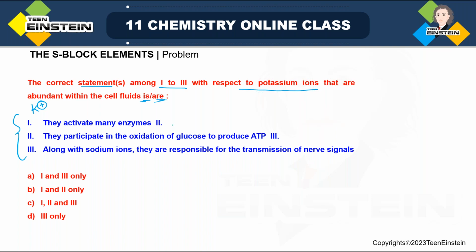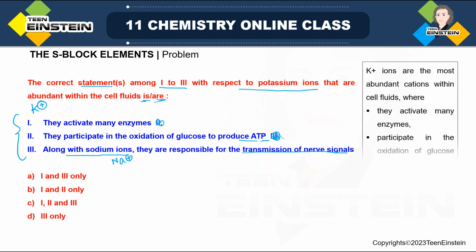So what statements are mentioned here? They activate many enzymes. This is true. They participate in the oxidation of glucose to produce ATP. Now, this statement is directly in the slide where we have discussed, though probably I have not mentioned it, that they also participate in the oxidation of glucose to produce ATP, and along with sodium ion, they are responsible for transmission of nerve signals.